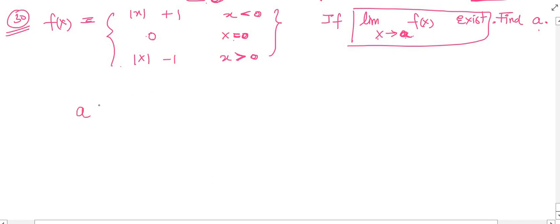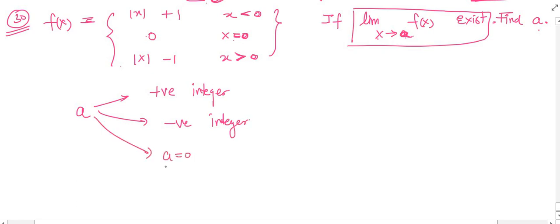So there are 3 possibilities: a may be a positive integer, a negative integer, or 0 itself, right? Because the function is defined before and after 0 and at 0. It may be non-integer as well.